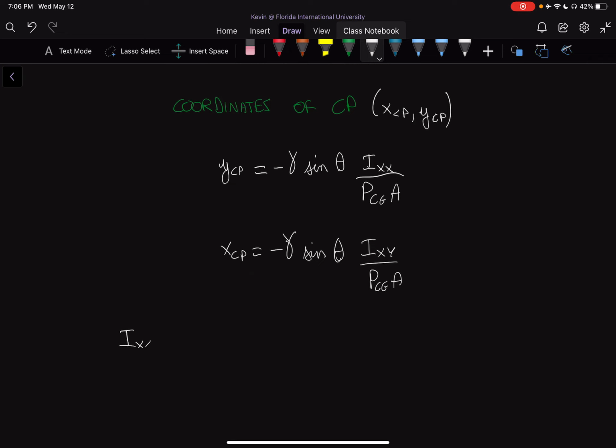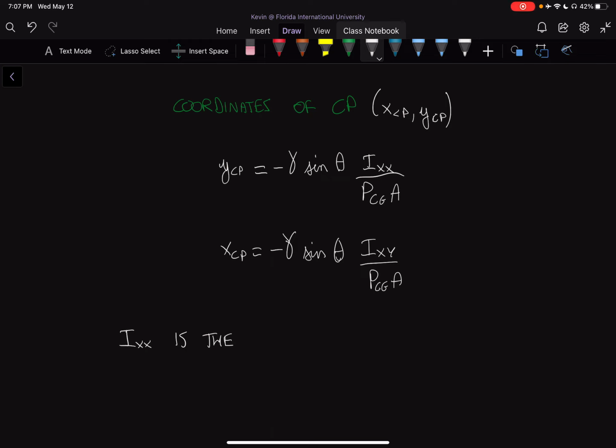Now, what Ixx and Ixy are is the following. This is kind of complicated, but we're going to try and keep it simple because we don't want to go too far into detail. This is more for our knowledge and to know how to solve the problems, but we don't need all the derivation for other things in this class. This is just to get an understanding of how pressure works when we have a plane that is not simplistic.